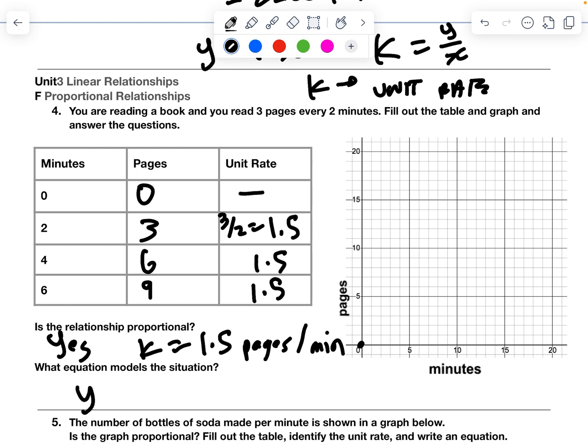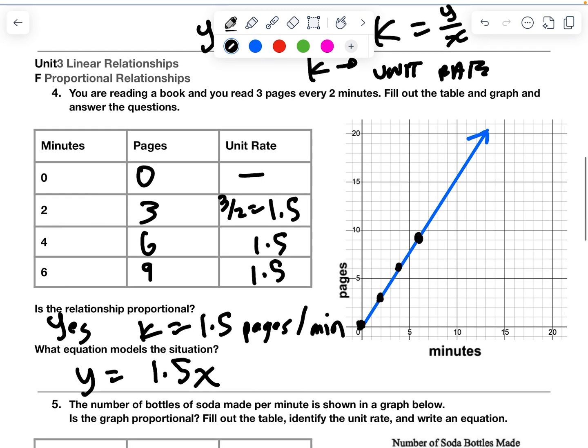My equation would be y equals 1.5x. So if I plot this, 2 minutes, 3 pages, 4 minutes, 6 pages, 6 minutes, 9 pages, and then I draw a straight line through the origin, I have my proportional relationship. 0, 0, 2, 3, 4, 6, 6, 9, and so on.